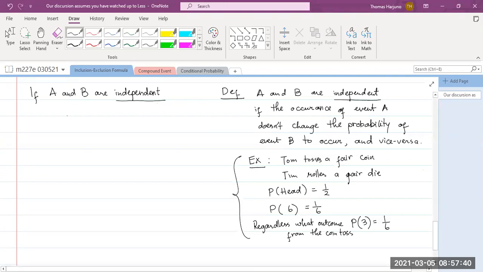Now the thing is, if A and B are independent, we usually denote it this way. The notation is A perpendicular to B. That's the notation for independent.